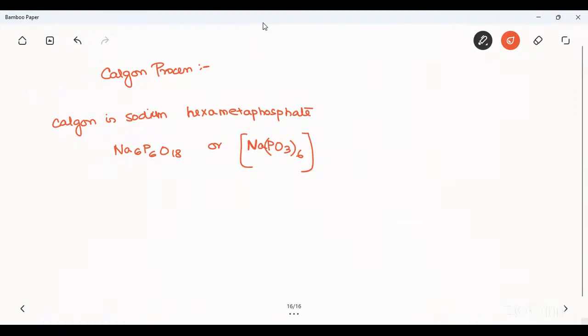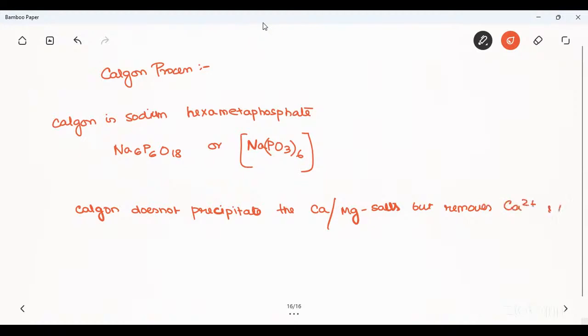This Calgon does not precipitate the calcium or magnesium salts, but removes calcium and magnesium ions from water.